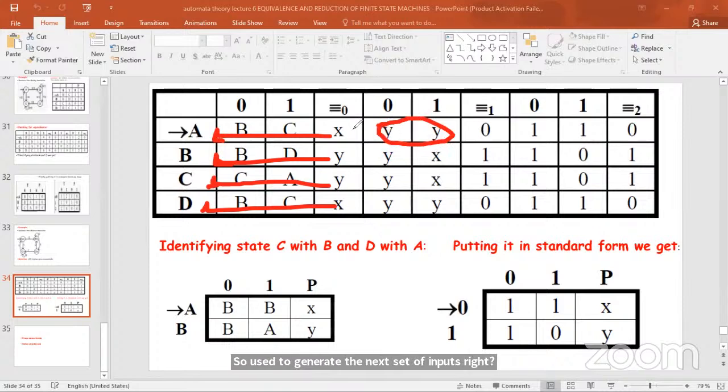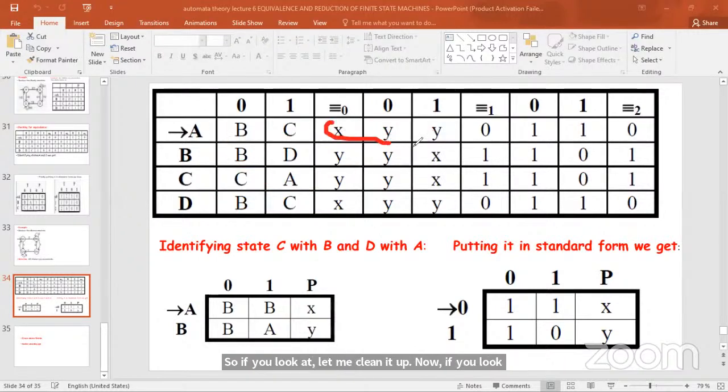Once you have done that, you look at this pattern again to form this, and this. In this way, these 3, you join them together to form a new pattern. So let me clean it up. Now, if you look at the first one, X, Y, Y is 0.